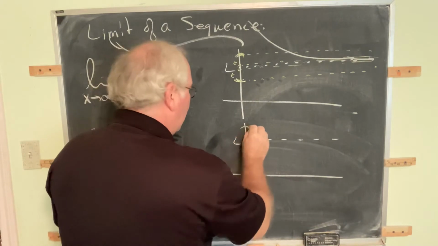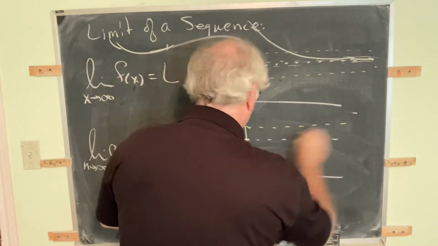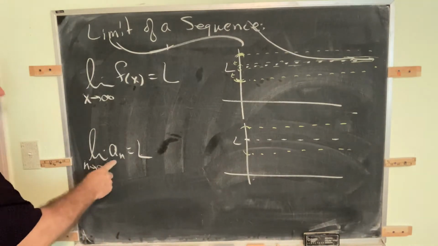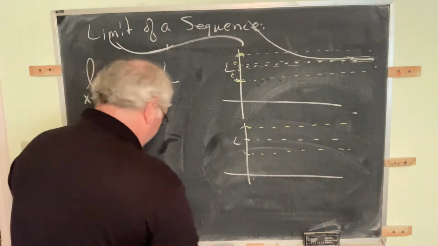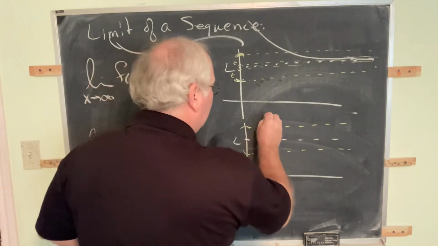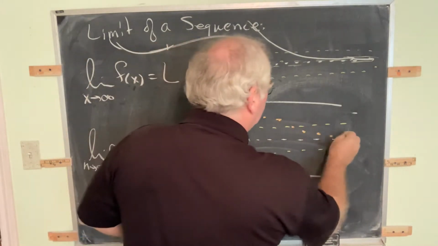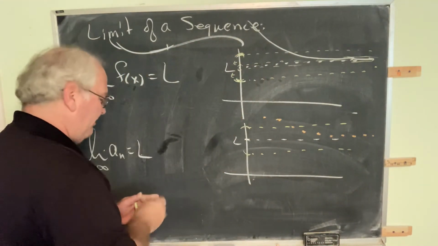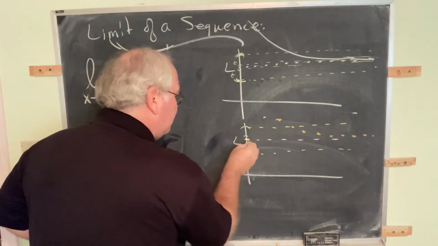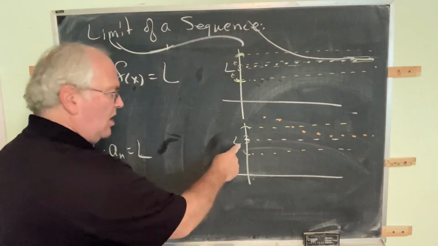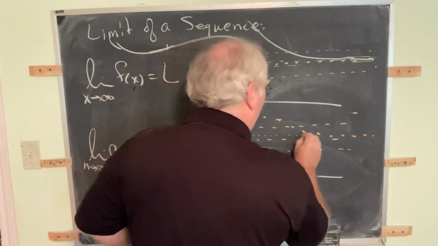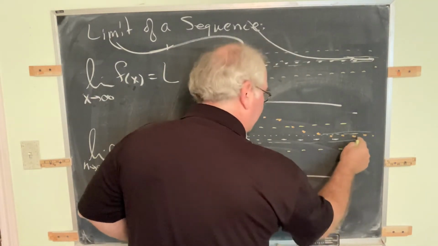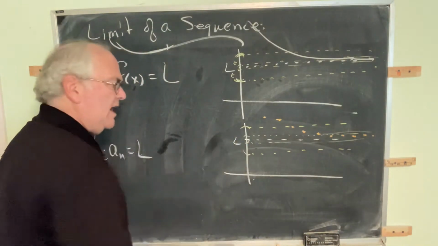Given any epsilon sleeve, if the limit as n goes to infinity does actually equal L, then what that means is these points eventually get inside of here and they never get outside of that sleeve. And that must be true even if the epsilon is chosen to be very small. Now you may have to go out quite a bit further, but eventually all of these points get inside that sleeve, no matter how small the epsilon we choose.